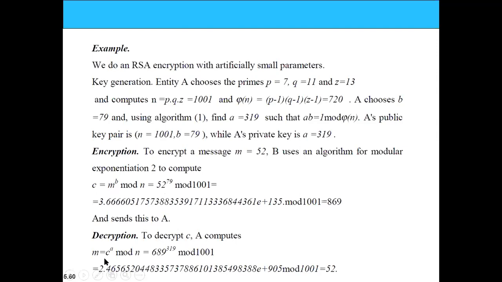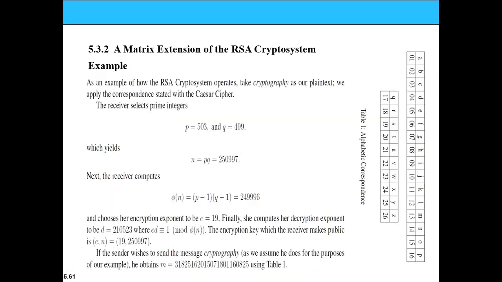A will compute C to the power A mod n, which gives this 52, your actual plain text. So, the matrix extension of RSA.